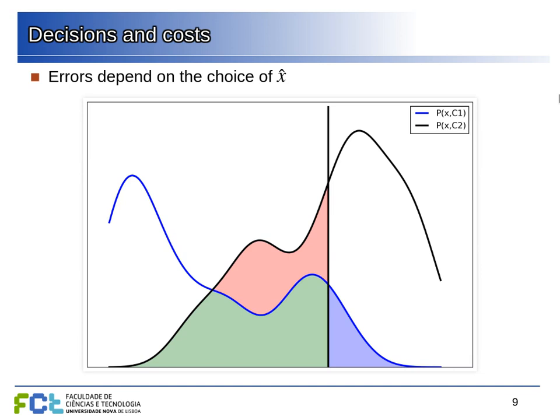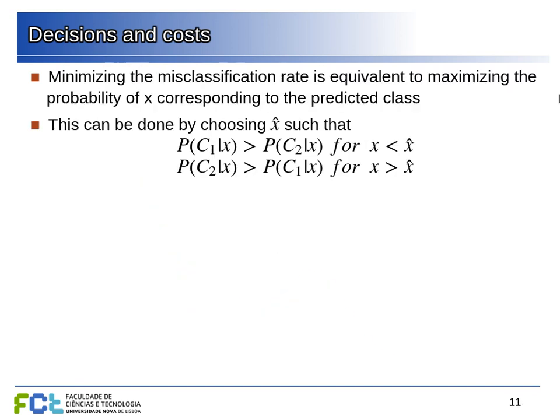So one way we can try to minimize this error is to choose x such that the probability of class 1 given x is larger below this threshold, and the probability of class 2 is larger than class 1 above this threshold.